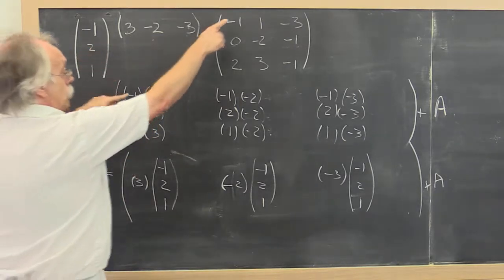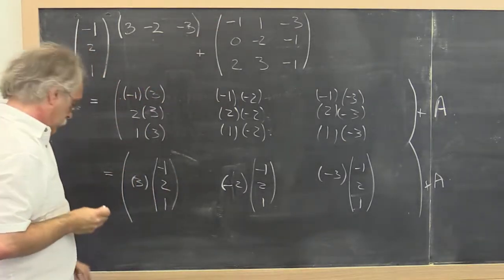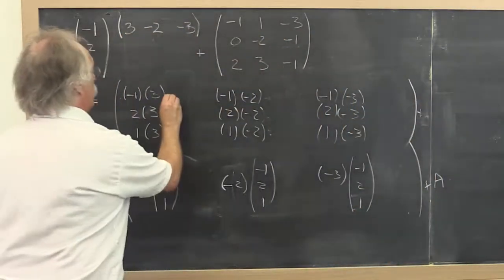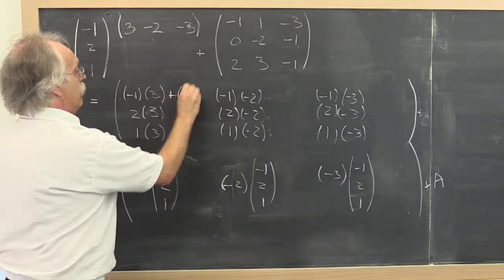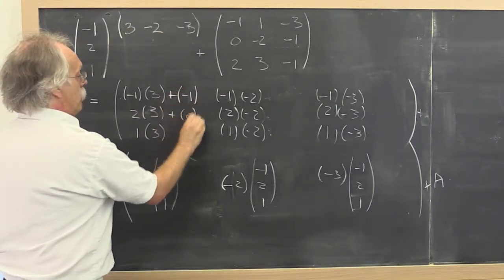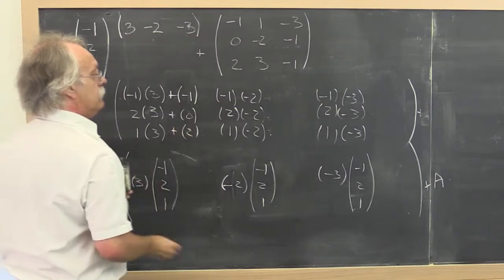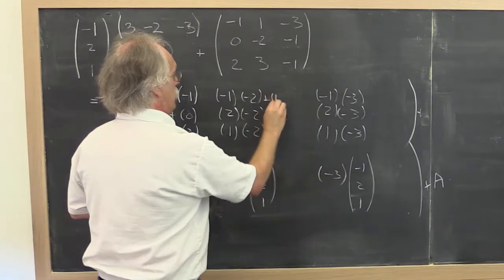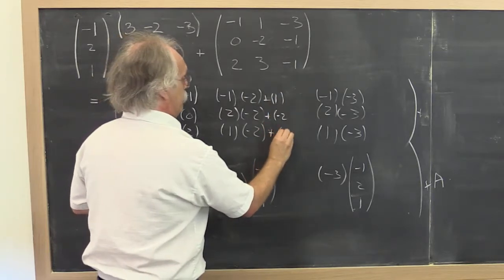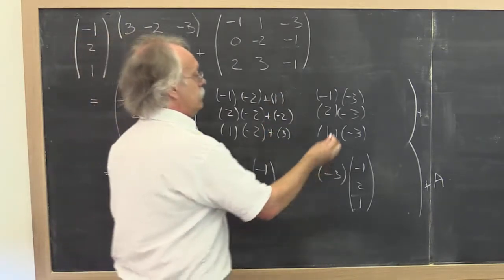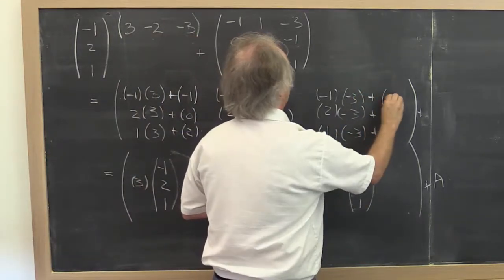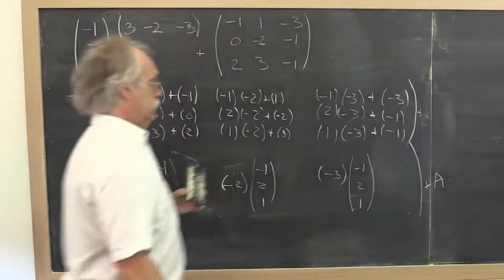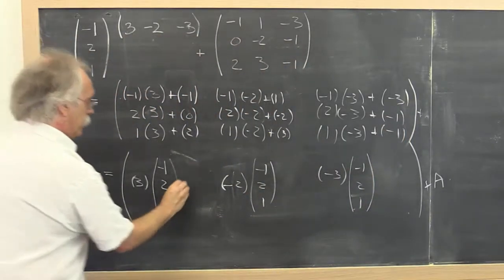So notice that then corresponding elements must be added together. So if we add A to this, what would we get? We would get plus -1 plus 0 plus 2 plus 1 plus -2 plus 3 and plus -3, -1, -1. And the same thing down here.